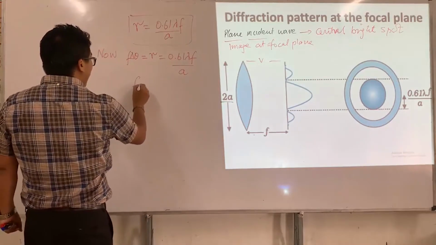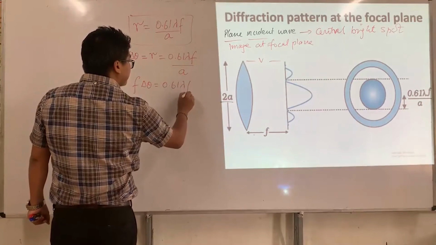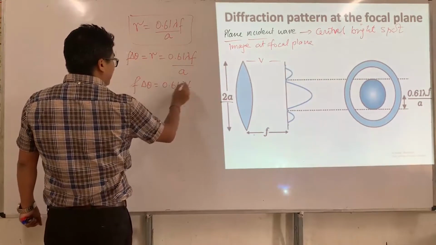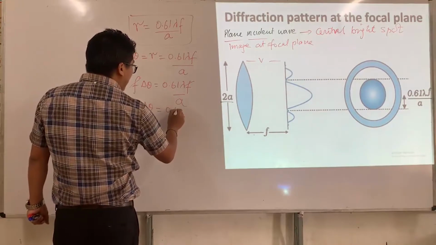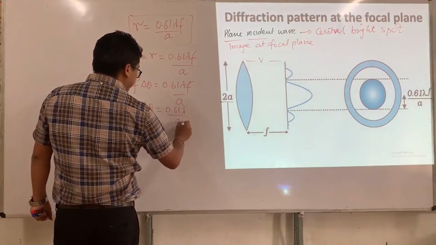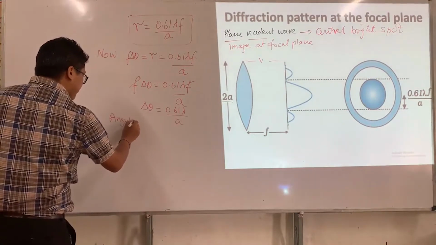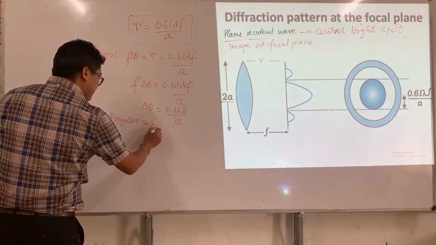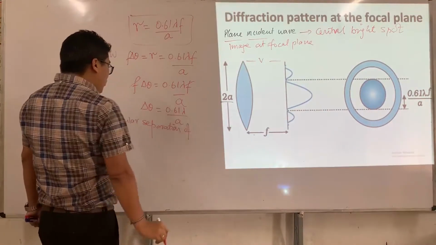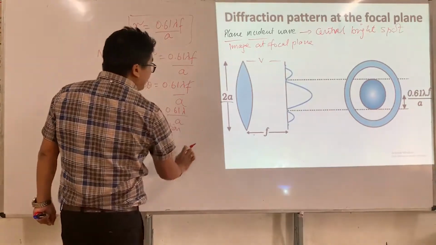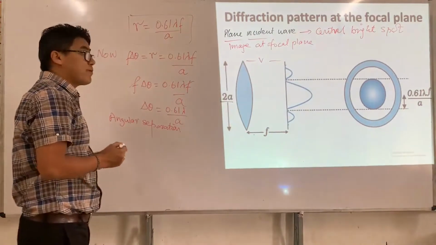So f and f cancel out, and this delta theta is what we call the angular separation of the bright spot.